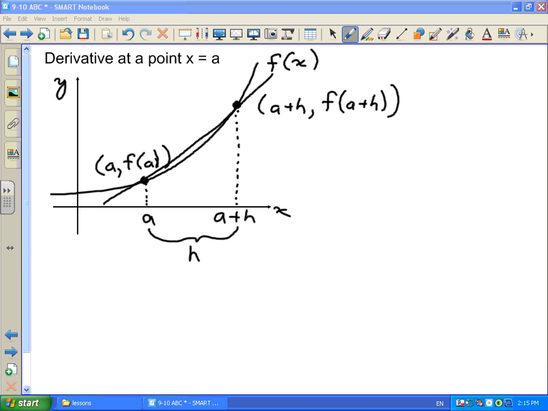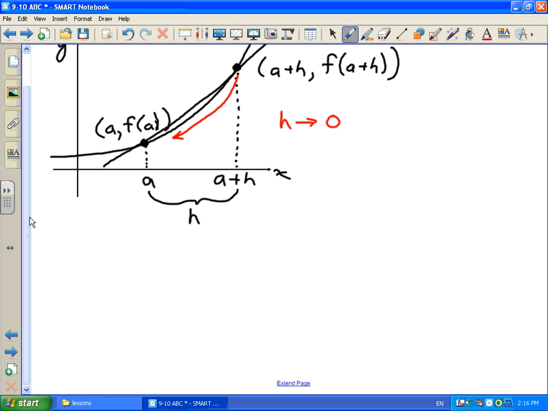And the big thing we did in the last lesson was we said, okay, to get the slope of the tangent, we took this point and we imagined moving it closer to the point at A. So essentially what we're doing here is we're taking this separation h and making it very, very small. So we're letting h go to 0. And as we let h go to 0, as we move that second point on our secant closer and closer to our original point, our secant becomes closer and closer to a tangent, which is what we're interested in.